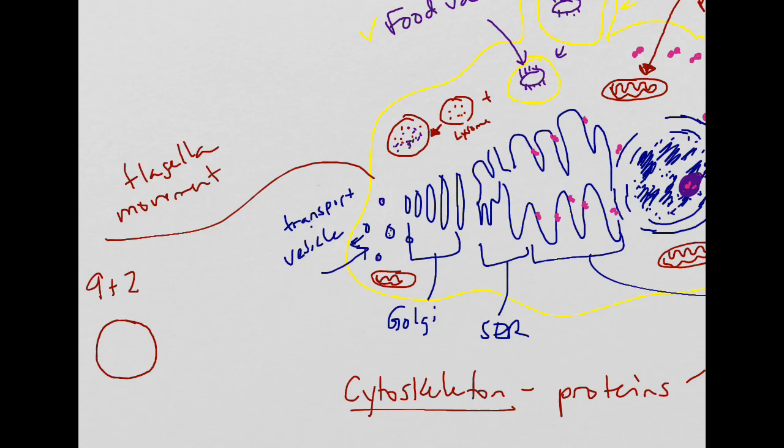So 9 pairs of microtubules plus 2 more. Okay, and that is unique. Why they make a big deal about it? Because that's a eukaryotic flagella. It's different than a prokaryotic flagella. Obviously sperm are the only flagellated cells in humans, but other little critters like protists will have flagella so that they can move along.